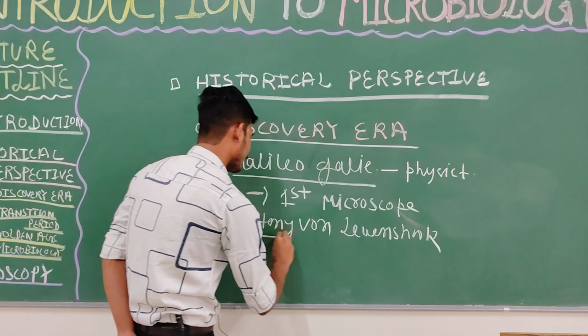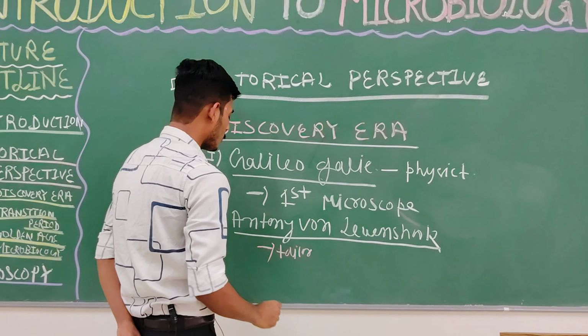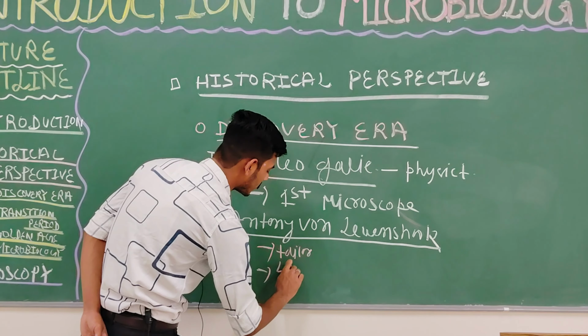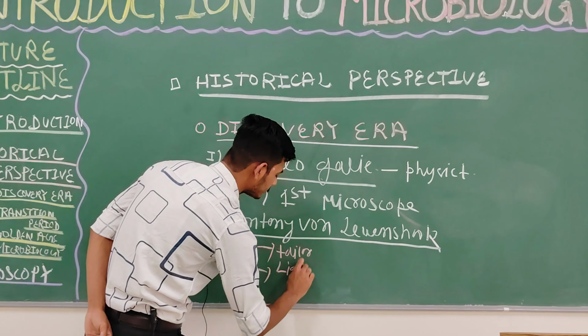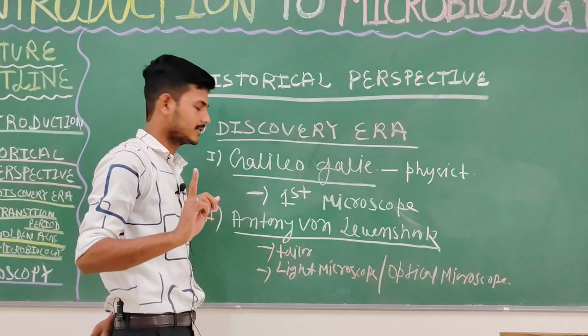Actually he was a cloth tailor, and in order to see the cloth fibers, he discovered the microscope, and that microscope is called the light microscope. This light microscope is also called the optical microscope. Getting the points?